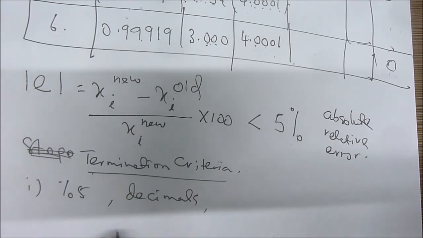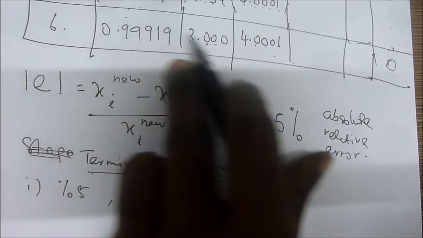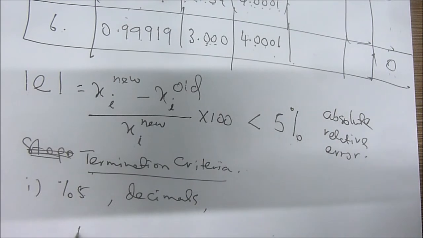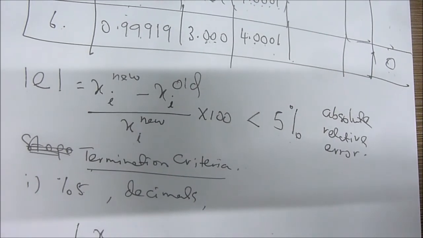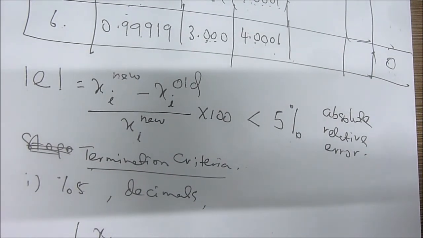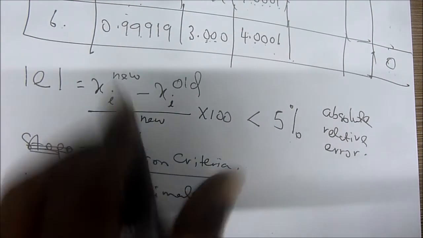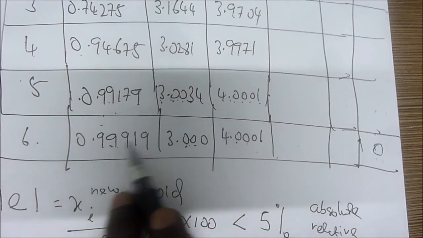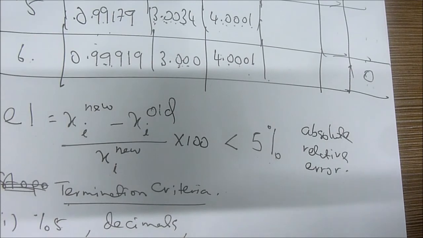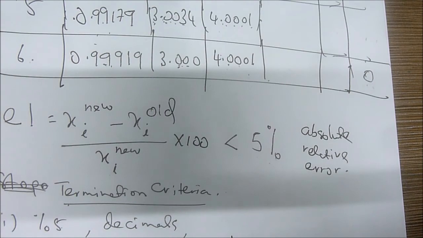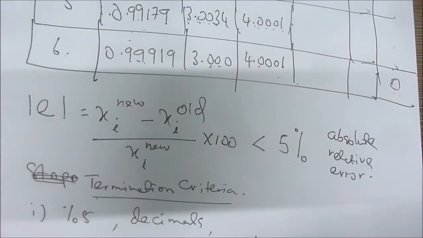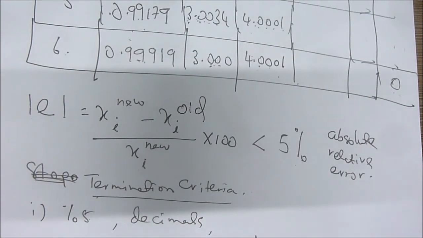But what is the solution? The solution for x1, x2, x3 is this. You just pick this one as the solution. Don't change anything in your value here. If you get this as the solution, to solve what?